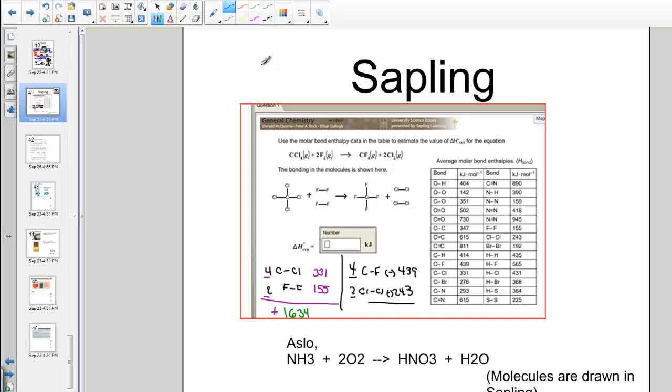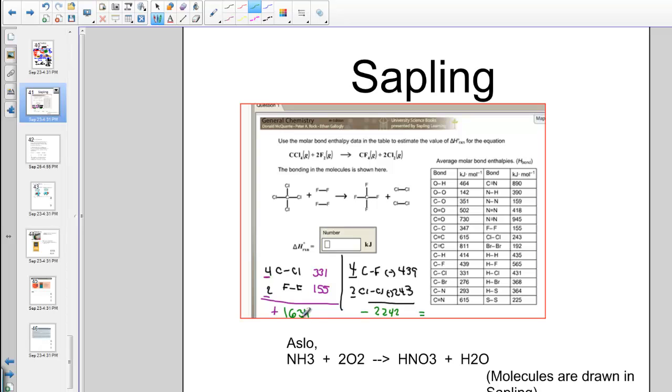What's this sum? 4 times 439 plus 2 times 243 equals 2242. Since we already flipped the sign of the products, we simply are adding the two together.